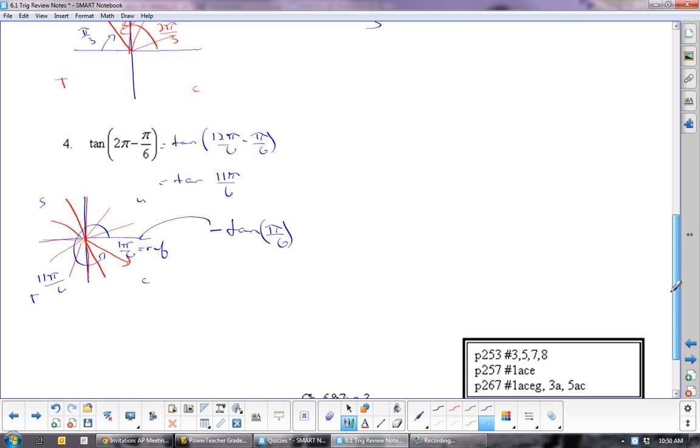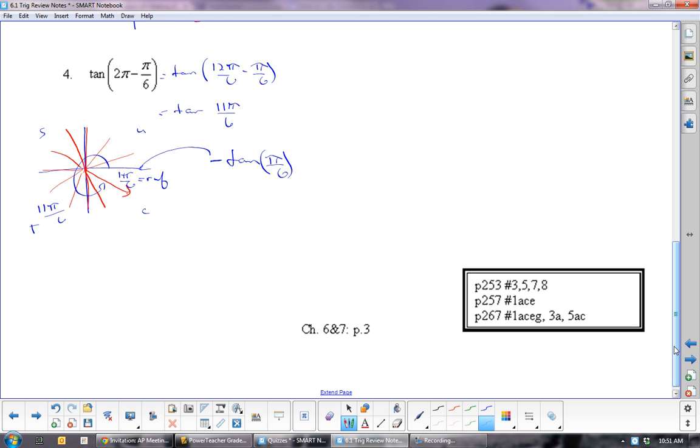So I just want to add one more example here. We're going to do this one: sine of pi over 2 minus x, plus sine of pi minus x, plus sine of 2 pi minus x.